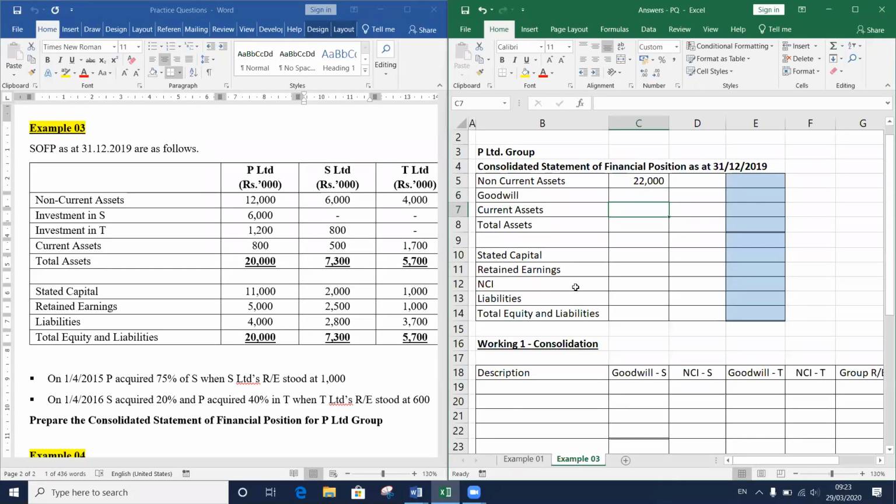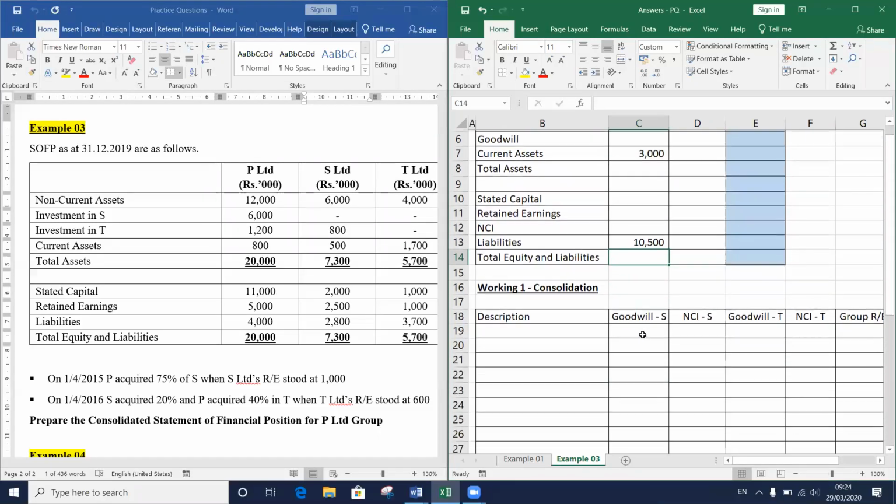Current assets 800 plus 500 plus 1,700. Stated capital, retained earnings, those are equity components. In CI, we can take it using our working liabilities, line by line addition. 4,000 in P, 2,800 in S and 3,700 in T. Altogether 10,500.